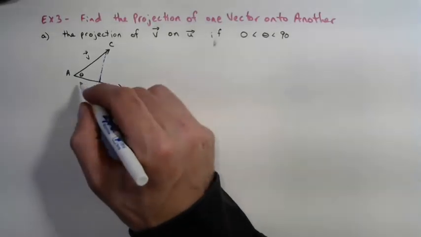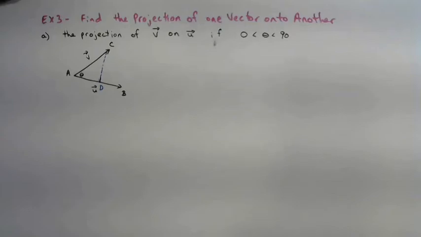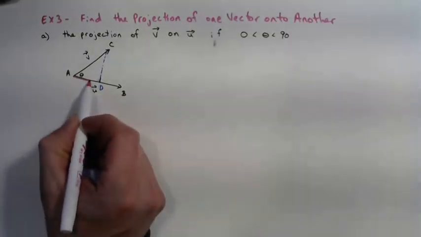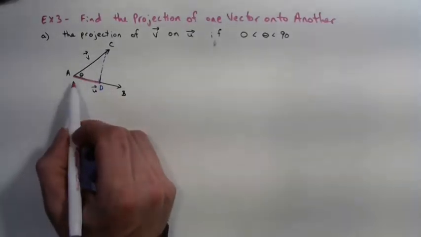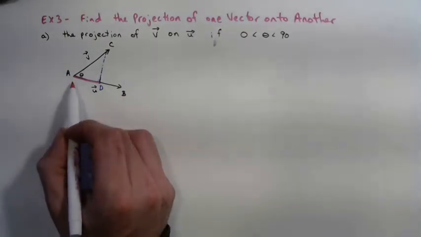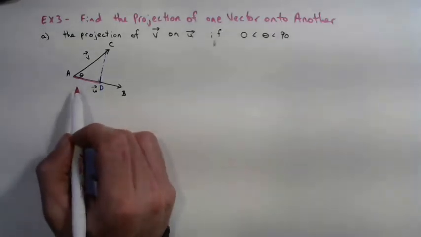It's not vertical, but it's the going-this-direction component of AC. And the line segment AD then is the component vector of V in the direction of AB, of vector U, which means it is the projection of V onto U. Okay, that's familiar so far.